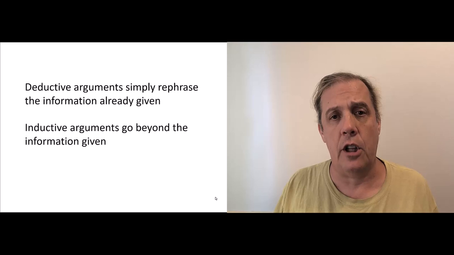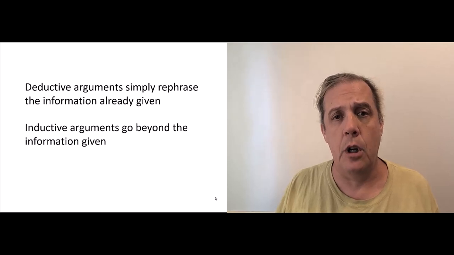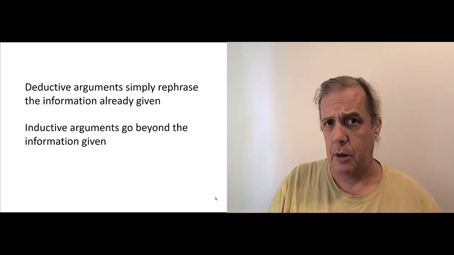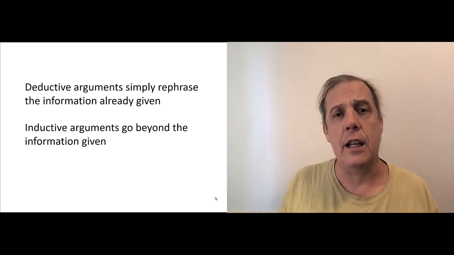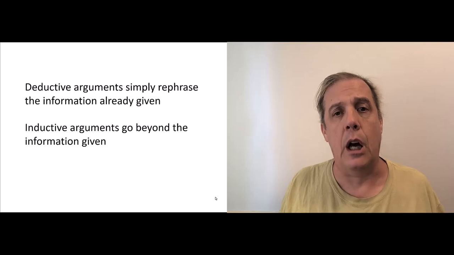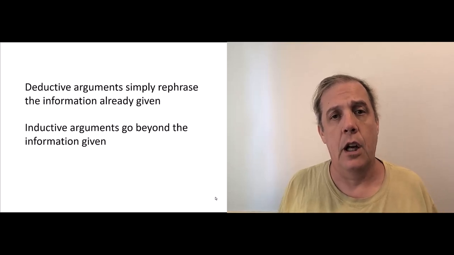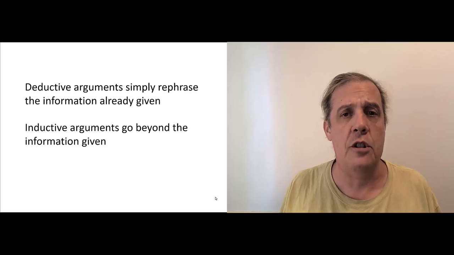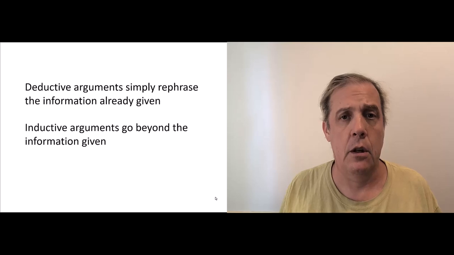That's an inductive argument because you're moving from a statement about a few dogs to a statement about all dogs. It means you're taking a risk. You're going beyond the information given. And that's why the argument could at most be strong. It can never be valid.